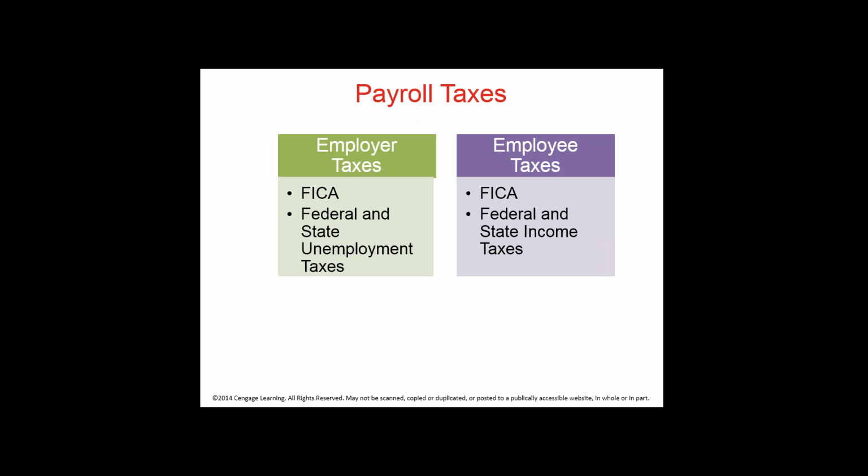Aha! The employer matches what is deducted from the employee's pay for FICA. Remember, I said that's Social Security and Medicare. So for every dollar deducted from a paycheck for FICA, the employer matches it with another dollar. The employer also pays federal and state unemployment taxes.